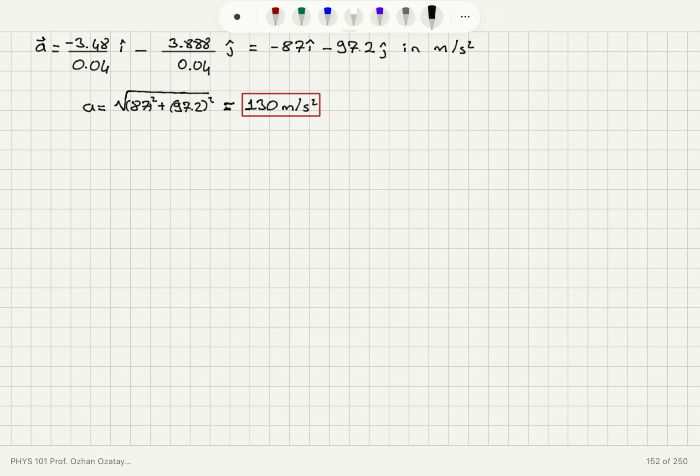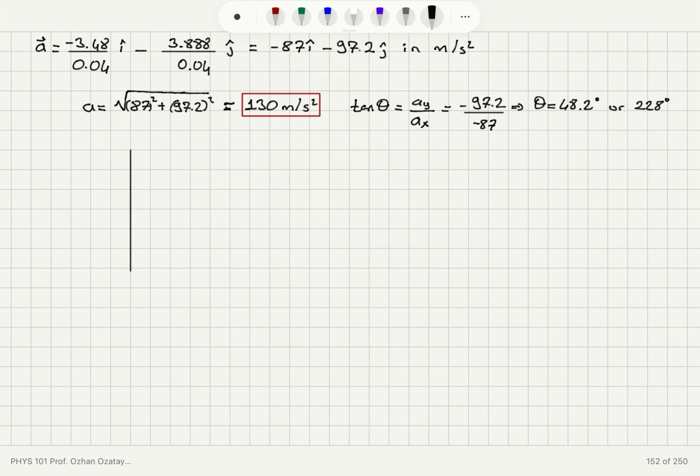Okay, and what is the angle it makes with the x-axis? Tangent theta is ay divided by ax, which is minus 97.2 divided by minus 87. So this gives us an angle of 48.2 degrees or 228 degrees. Now, which angle is the right angle?